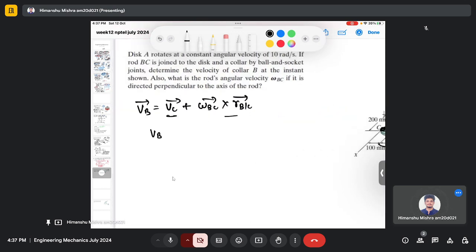So VB can be equal to minus VB j. And omega BC will be omega x i plus omega y j plus omega z k.